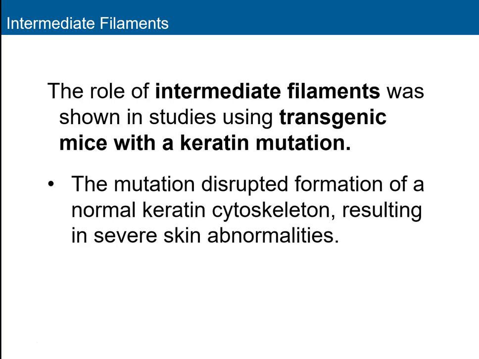If you want to find out about the function of something, you can knock it out or just disrupt it. The mutation disrupted formation of the normal keratin cytoskeleton, and it particularly resulted in skin abnormalities, because keratins are particularly expressed in epithelial cells.